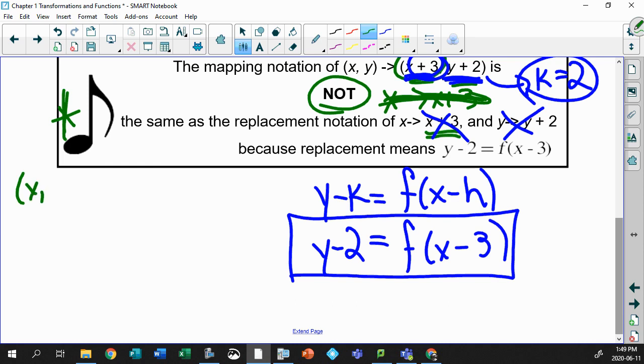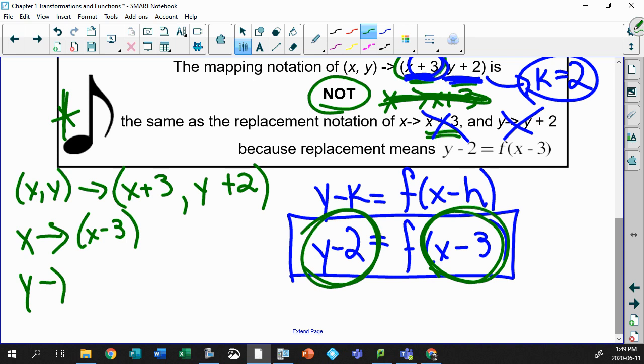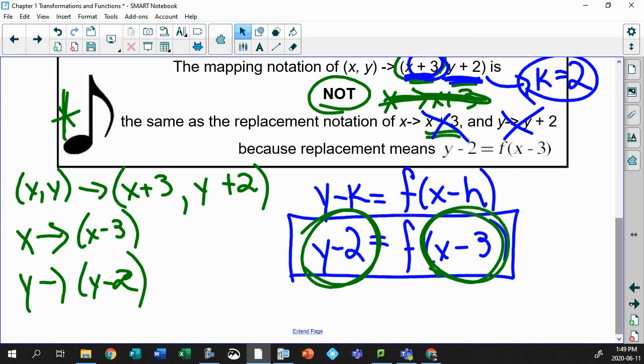The mapping was every individual x is increased by 3, every individual y is increased by 2. The mapping says that the x is replaced by, oh, look at the formula. X was replaced by x minus 3. Y was replaced by y minus 2. You see the difference between the two.